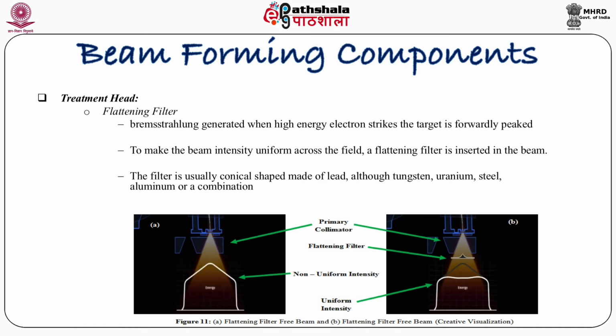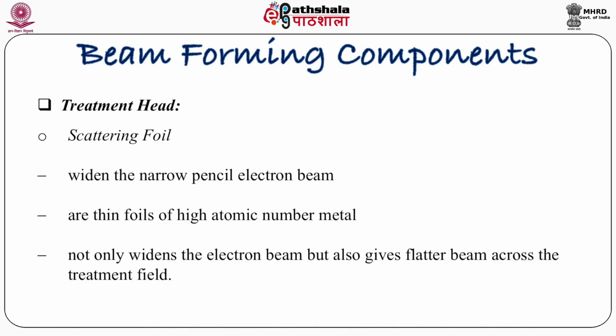We want to make it flat. That is why a flattening filter is used, which absorbs the most probable energies and makes the beam flat. This flattening filter is introduced in the treatment head. The treatment head also contains a scattering foil. When we want to use photons, the flattening filter is used. But if we want electrons, then a scattering foil is used.